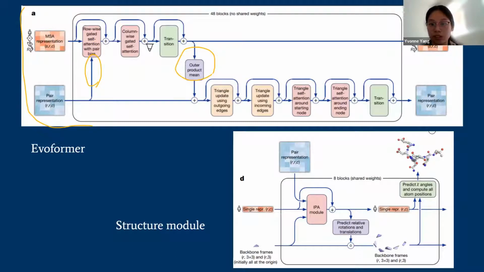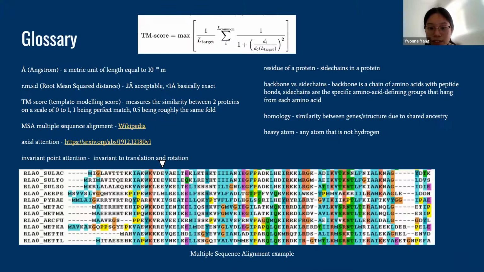And then to go into a little more detail, here we have row-wise self-attention and column-wise self-attention. All this is saying, let me try to find this slide, is, here we have the multiple sequence alignment, like I said, this picture at the bottom. Like I said before, you have these sequences in rows, and then in columns, you can compare the mutations and differences and similarities against all of these.